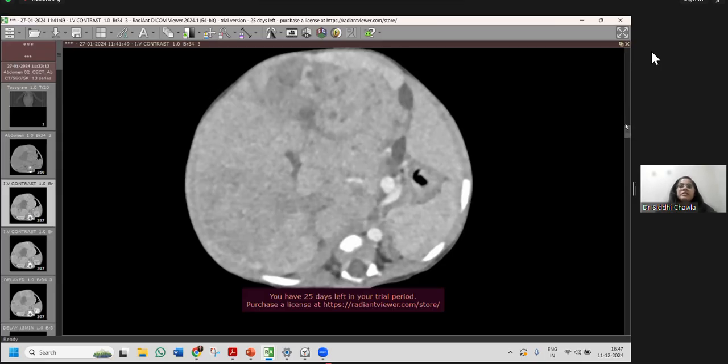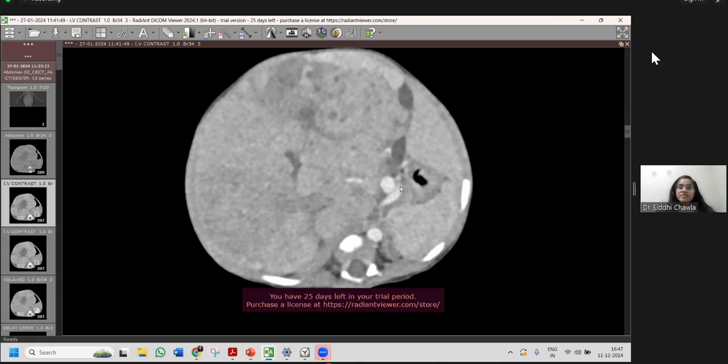So if you see an enlarged hepatic artery, you know that the particular mass lesion is being supplied by the hepatic artery, and therefore, because this particular small artery has to supply a large tumor, the size of the artery always increases. So not just in children, even in adults, whenever there is an HCC or you are dealing with hepatoblastoma, as I had already told you the diagnosis that this was a hepatoblastoma.